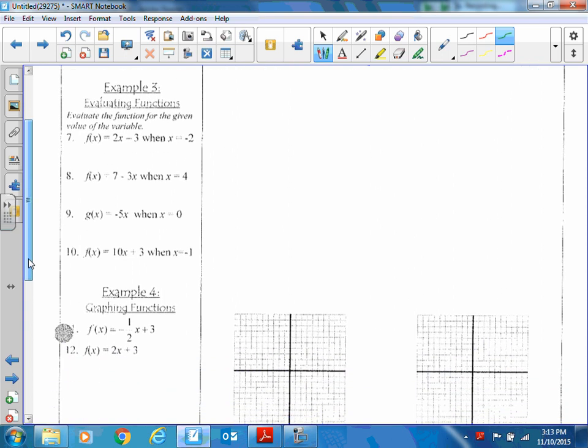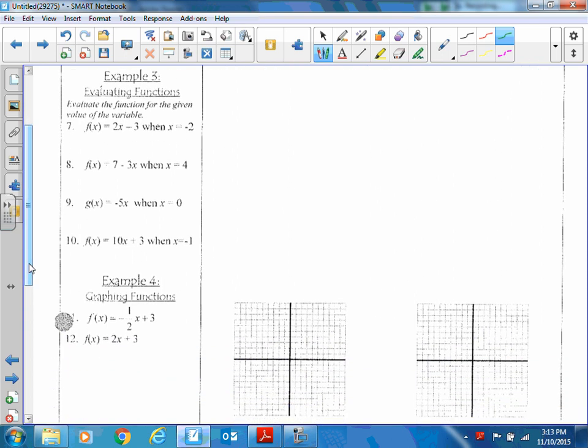We're going to evaluate the function for the given value of the variable. So let's look at number 7. It tells us that this is our function, and it wants us to evaluate it at x equals -2. So all we're going to do is plug in -2 for x and see what the function is.